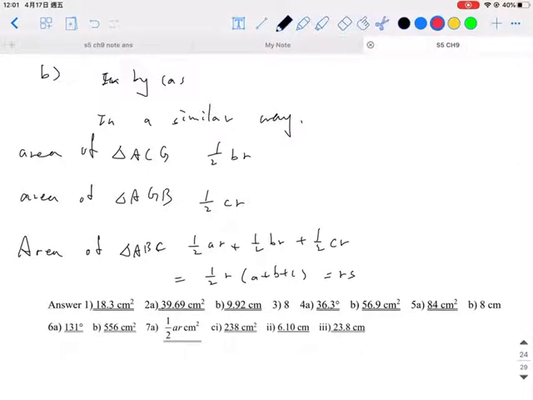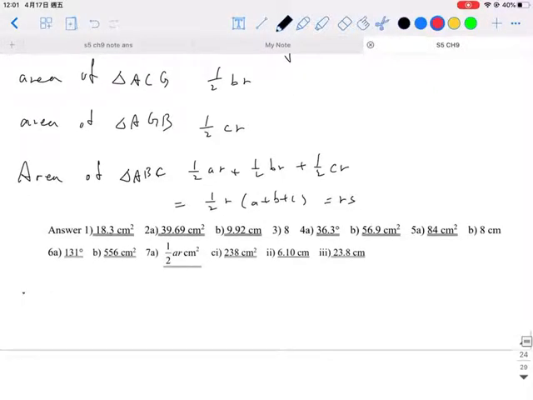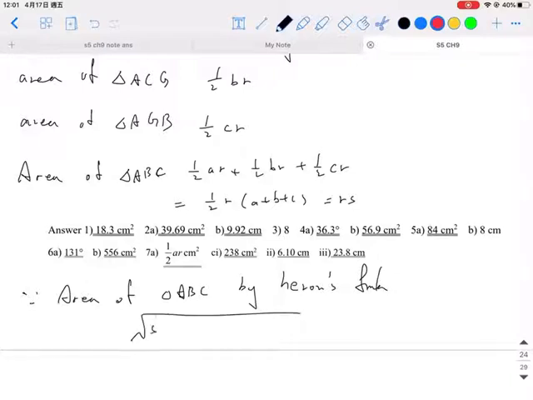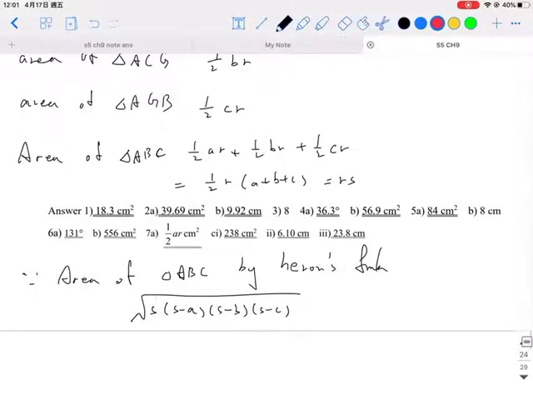Okay, and on the other way, the area of triangle ABC by Heron's formula should equal the square root of S times (S minus A) times (S minus B) times (S minus C). So that means these two are equal, right?